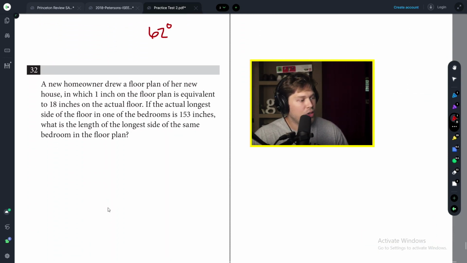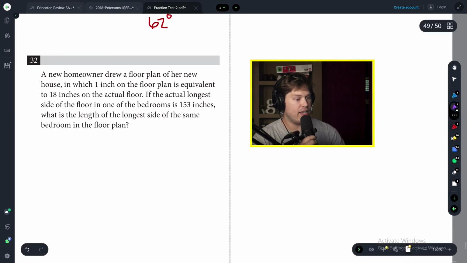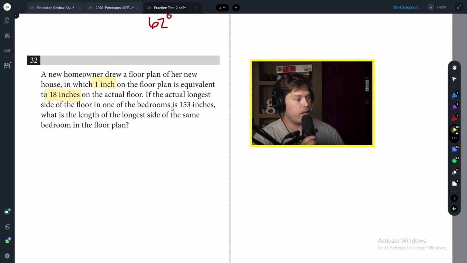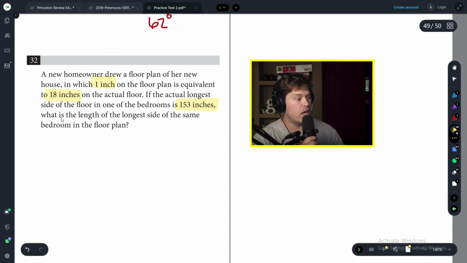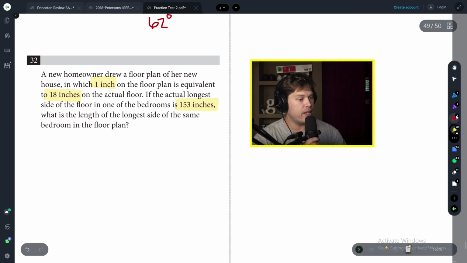Number 32. A new homeowner drew a floor plan of her new house in which 1 inch of the floor plan is equivalent to 18 inches. So 1 inch is to 18 inches. If the actual longest side of the floor in one of the bedrooms is 153 inches, what is the length of the longest side of the same bedroom in the floor plan?